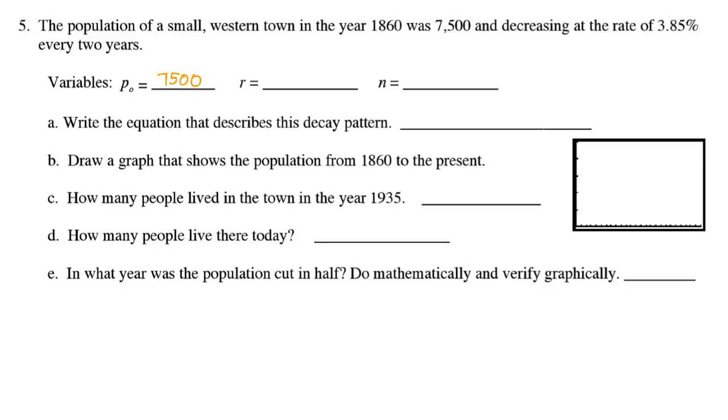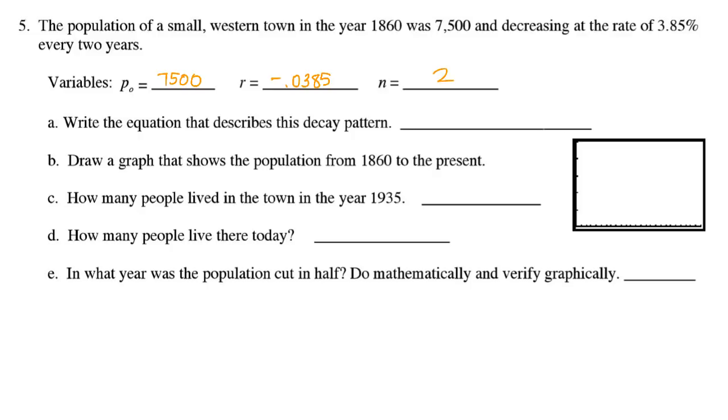Our rate is decreasing, so that means I have a negative rate here. It's decreasing at, if we change that to a decimal, 0.0385. And it happens every 2 years.